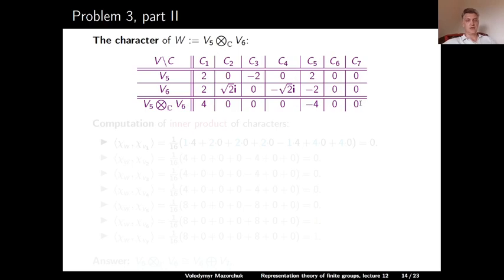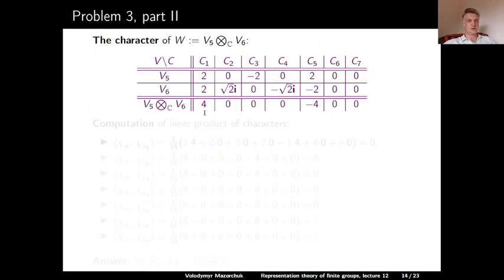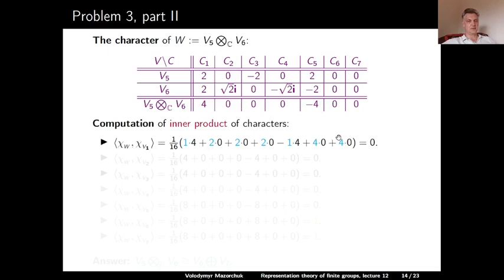So now we should take the characters of all our simple modules, they are given by the character table, and take the inner product of each of these simple characters with this character 4, 0, 0, 0, minus 4, 0, 0.